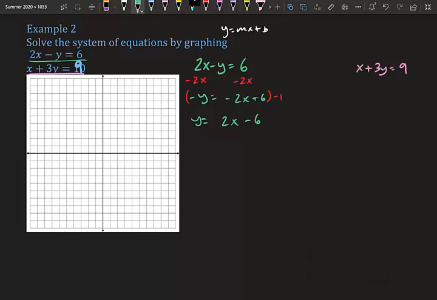So that means we have our slope and y-intercept. Our slope is 2 over 1, so we can go up 2 and right 1, or we can go down 2 and left 1. And then our y-intercept is 0, negative 6.